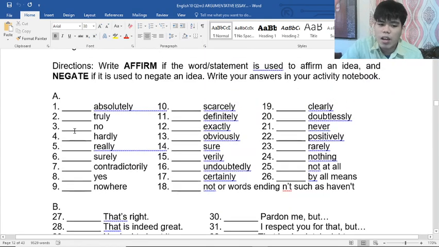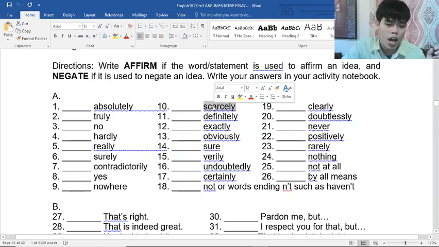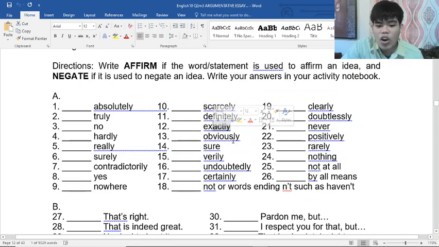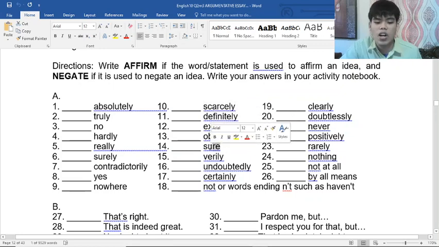So here are some other examples of adverbs of affirmation and negation, such as absolutely, truly, both affirmation; no, of course, negation; contradictorily, negation; scarcely, scarce is negative, meaning very little, so again, negation; exactly, obviously, sure are also affirmation.